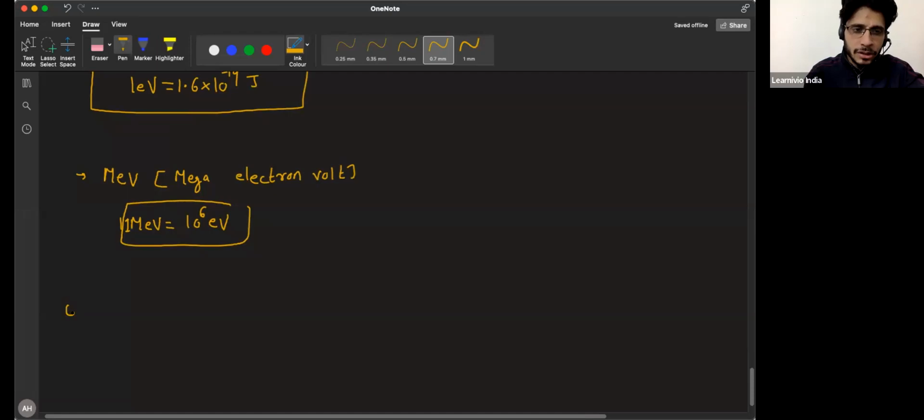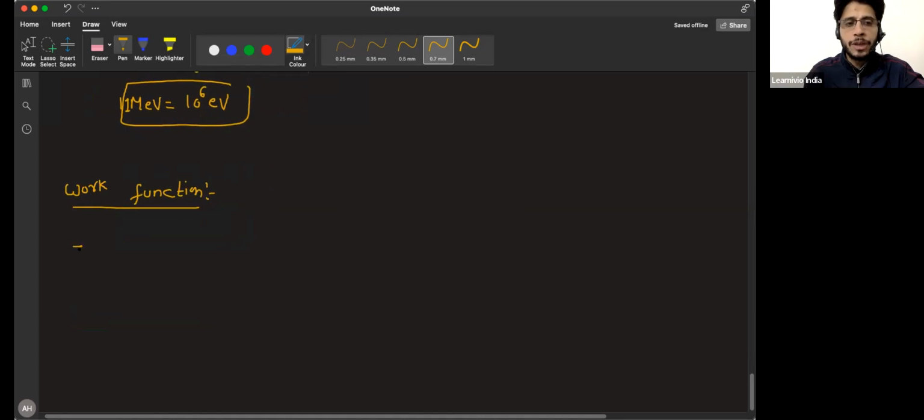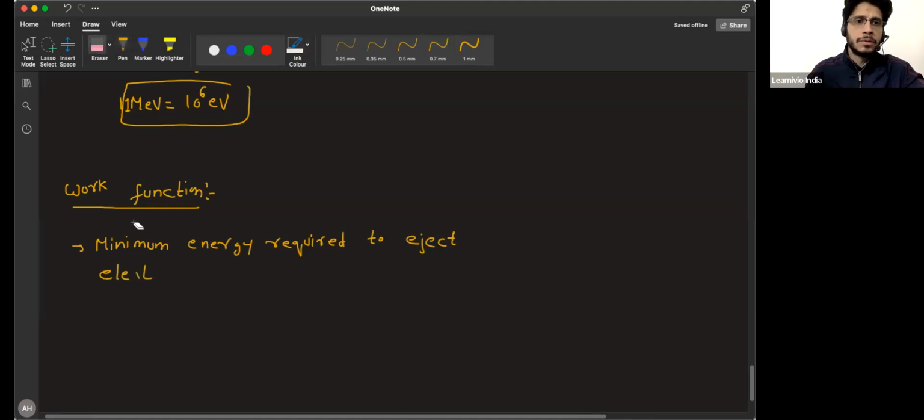Then the next definition is work function. Work function is the minimum energy required to eject electrons from the metal surface.